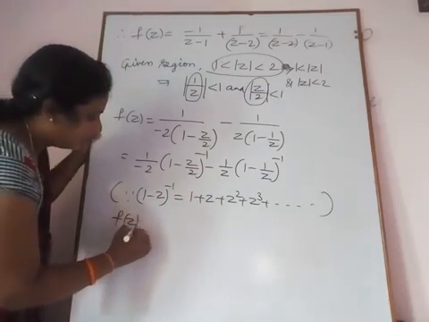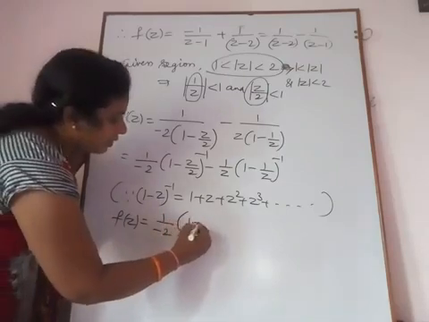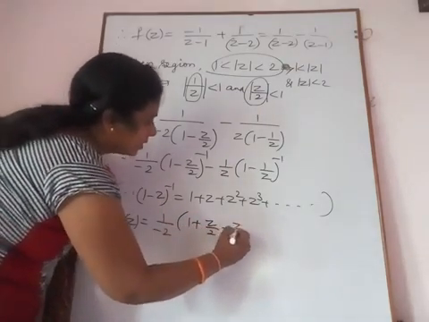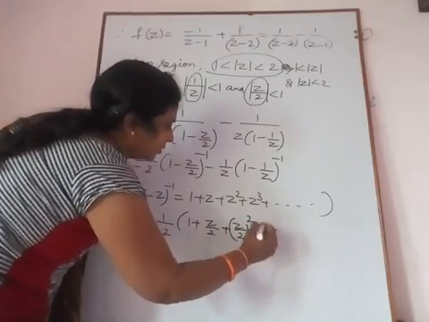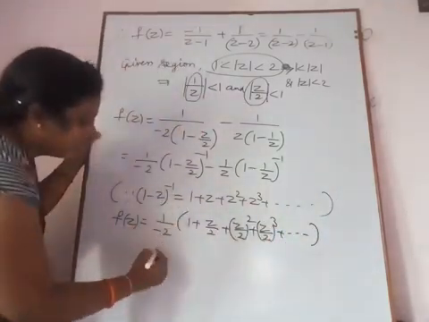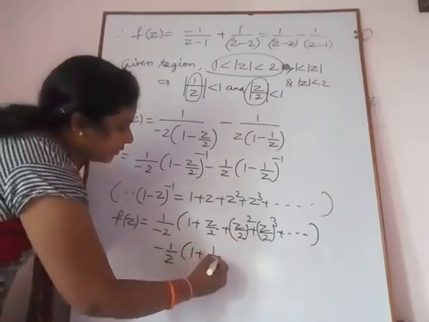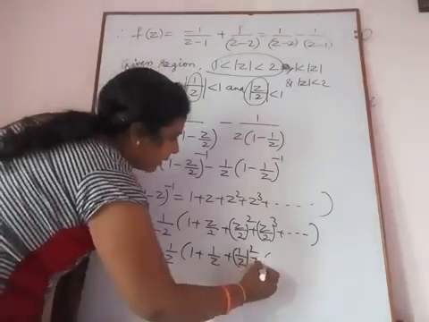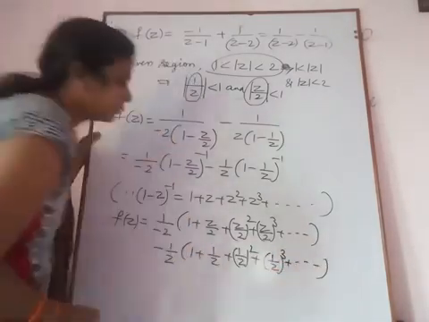Then f of z is equal to 1 by minus 2, (1 plus z by 2 plus (z by 2) whole square plus (z by 2) whole cube plus so on). The second term is minus 1 by z, (1 plus 1 by z plus (1 by z) whole square plus (1 by z) whole cube plus so on).